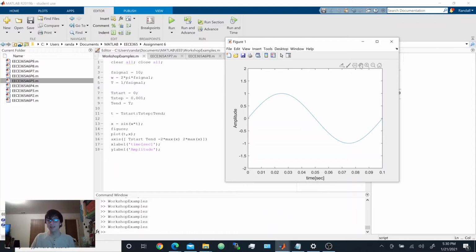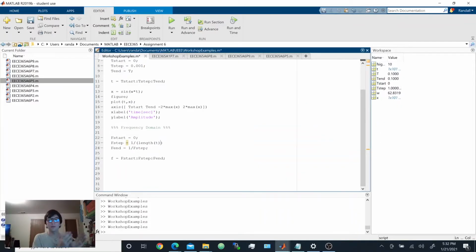I'm going to get the length of t. From what we did before, if we did from -2 to 2 with a step size of 0.02, I don't know, but basically that length isn't actually true. We need to subtract 1 from it.